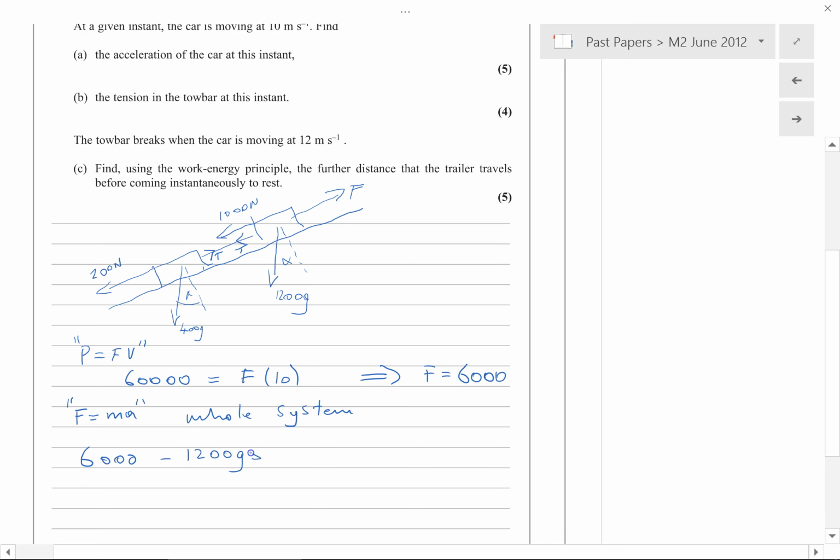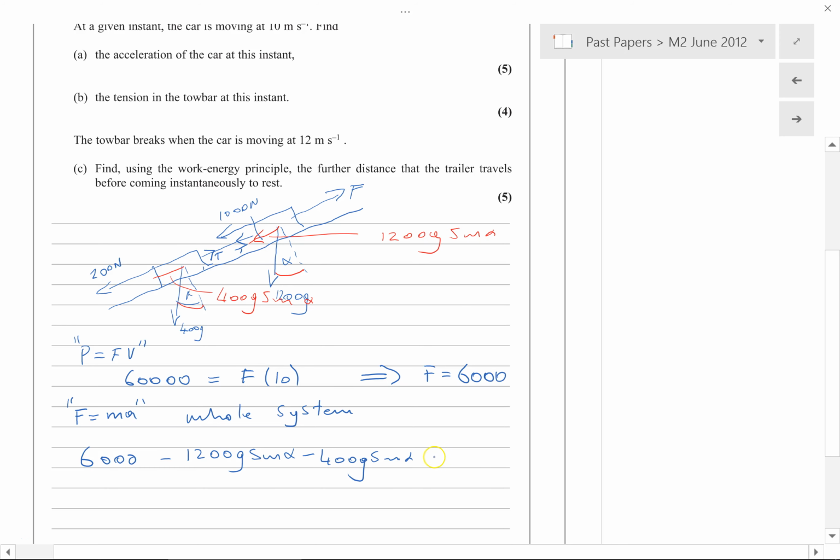Remember, it's the parallel component down the slope that we need to consider. I'll just draw that in, hopefully you know what I'm talking about. That's 1,200 g sine alpha because it's away from the marked angle here, and that's 400 g sine alpha because it's away from the marked angle there.